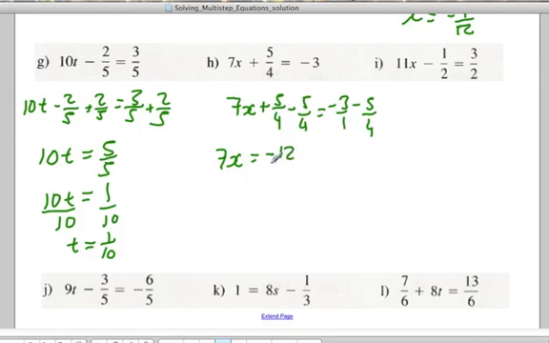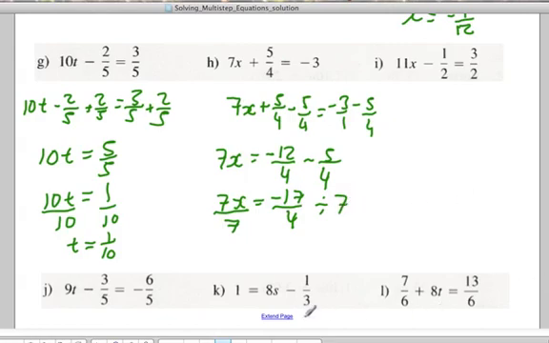So this will be negative 12 over 4, subtract 5 over 4. So 7x is equal to negative 17 over 4. We divide both sides by 7.